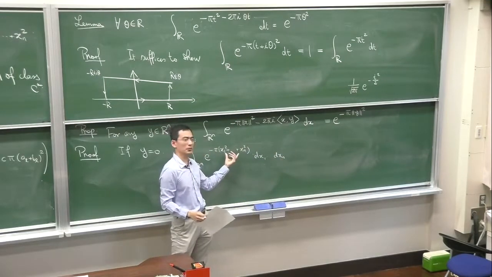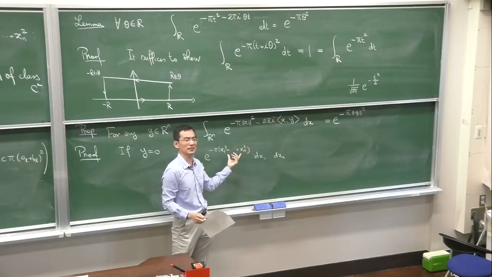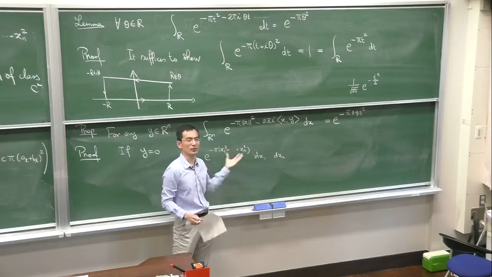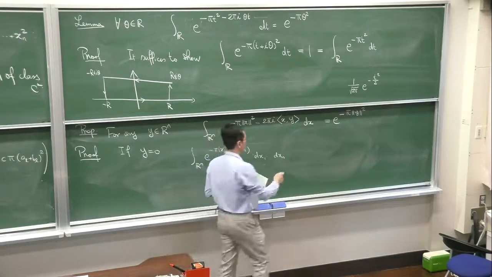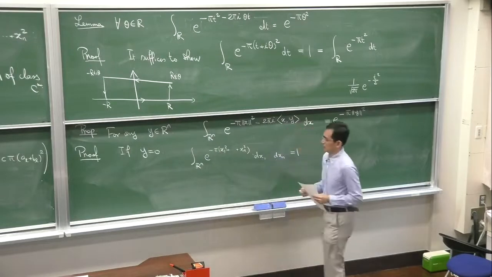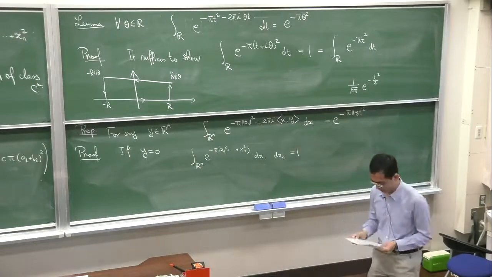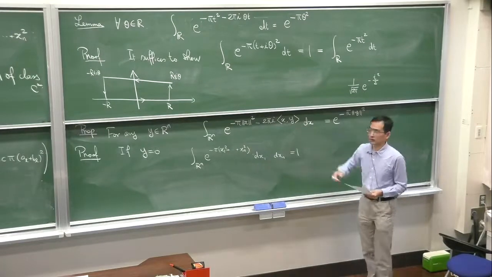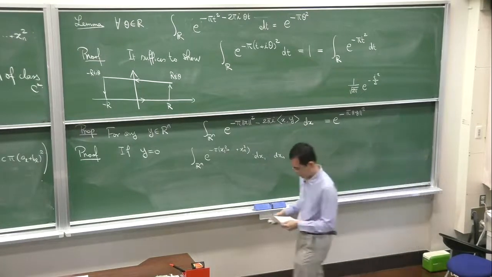So you have several copies which are somehow independent, so you can compute it as a product of integrals. So that will produce 1. So if y is 0, you are very happy. But if y is not 0, what can you do?